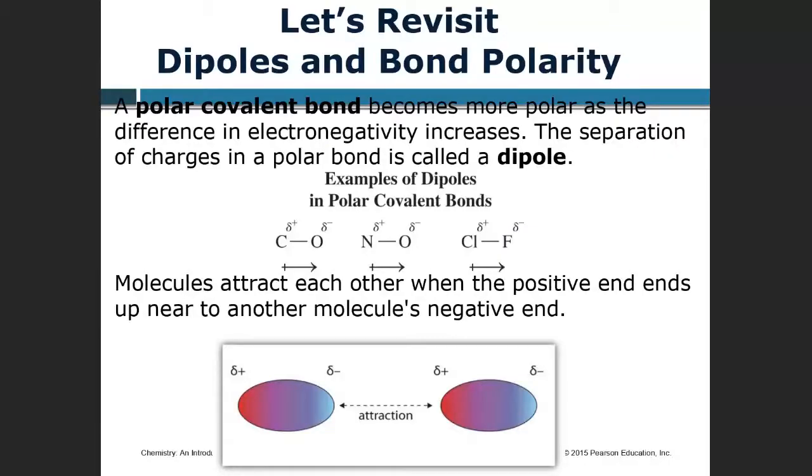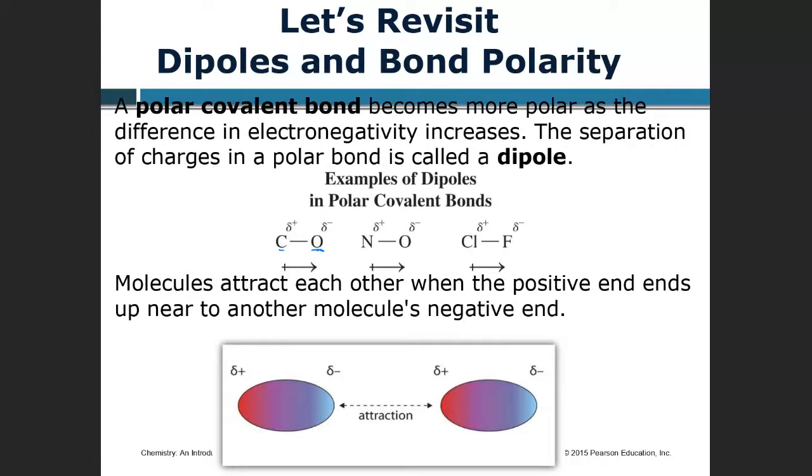Let's revisit what we have studied in week 8 and 7 about the dipole and the bond polarity. We said that a polar covalent bond becomes more polar as the difference in the electronegativity increases. And we remember that when we were drawing the polar compounds, we said that, for example, the oxygen has a higher electronegativity than the carbon.